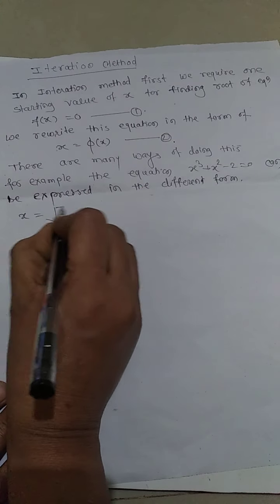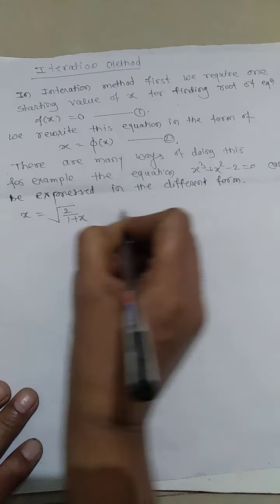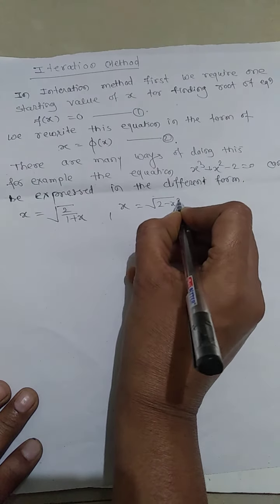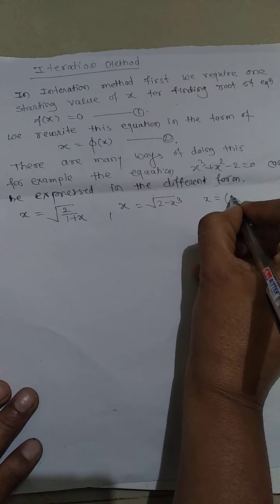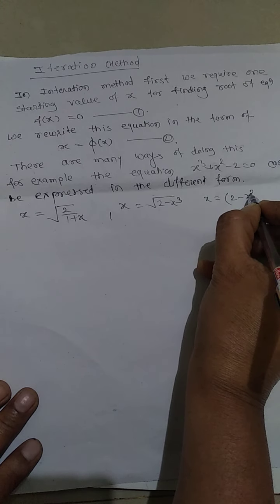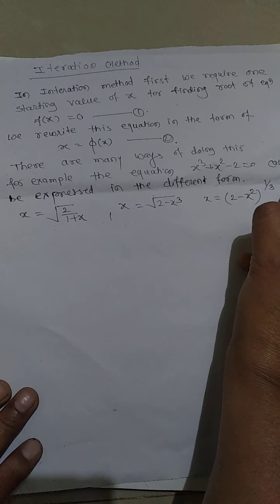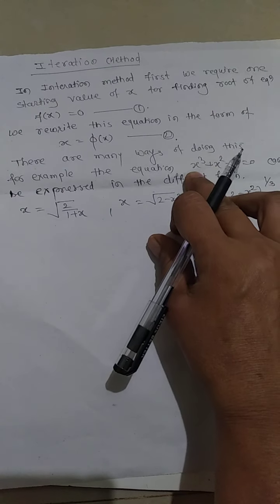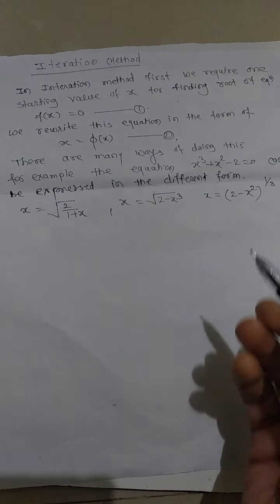That is, x is equal to under root of 2 upon 1 plus x, x is equal to under root of 2 minus x cube, and x is equal to (2 minus x square) raised to the power 1 by 3, etc. Means first write this equation equal to 0, then take 2 on the left side and take x common, and then by taking the square root, find these three values.